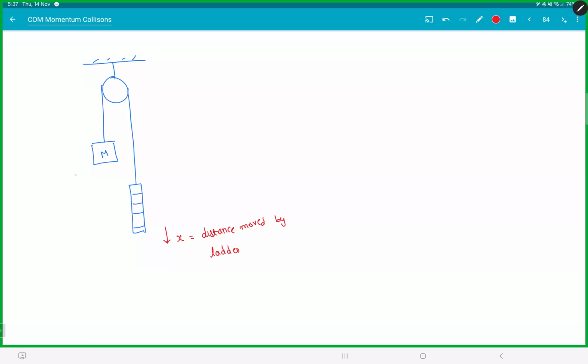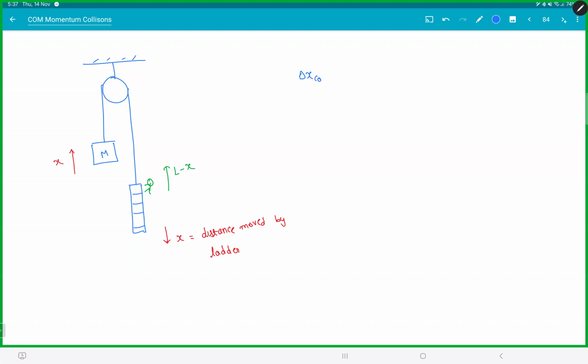If this comes x down, how much will the block go? It will go x up. And how much did the man actually walk? The man actually walks L minus x, isn't it? He will climb L up, but the ladder has come down x. Is that fine, everyone?